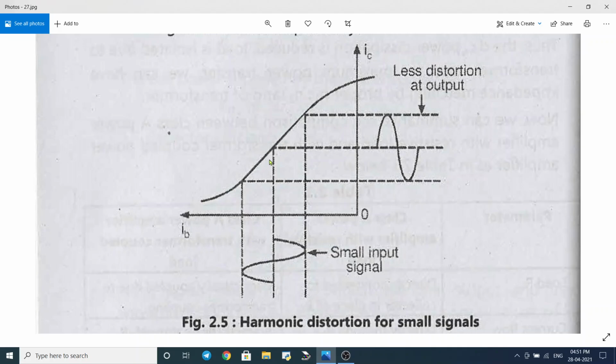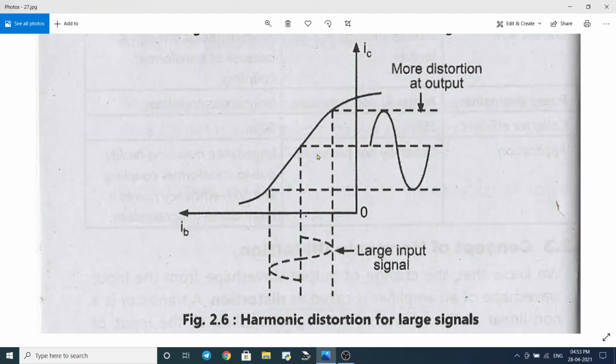For a small signal transistor or a general purpose transistor, if you consider its IC versus IB graph, the input wave shape and output wave shape are almost similar, and there is very little or no distortion, no change in the wave shape for a small signal.